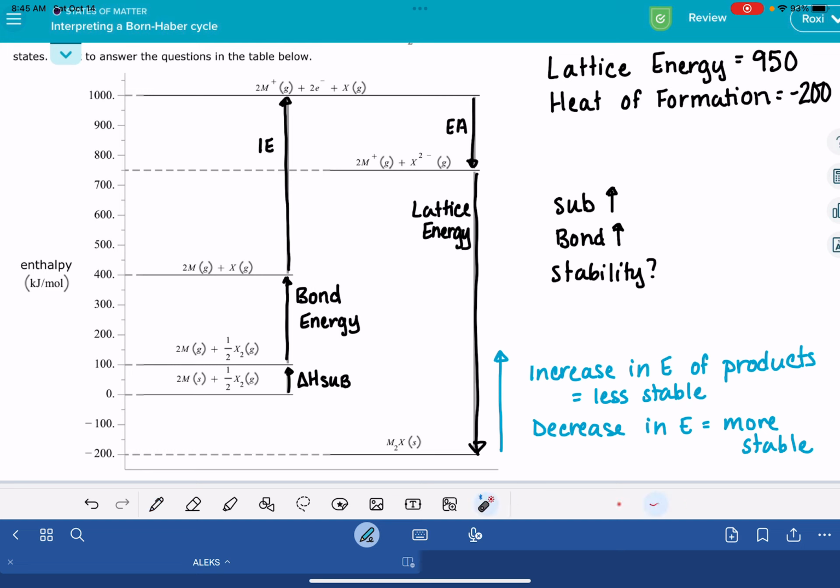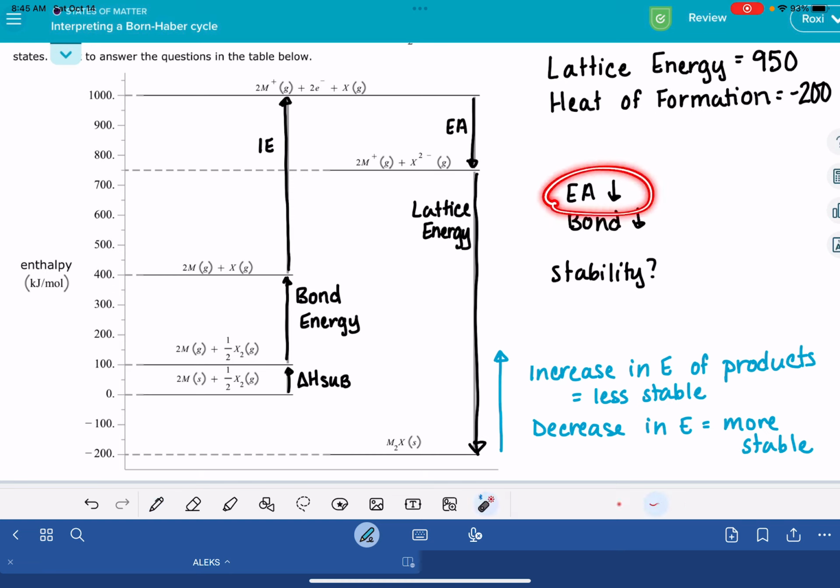So I'm reading another problem, and it says, suppose the electron affinity and the bond enthalpy were smaller. So now my scenario is that the electron affinity has gone down and the bond energy has also gone down as well. And remember, we're going to just take these one scenario at a time.